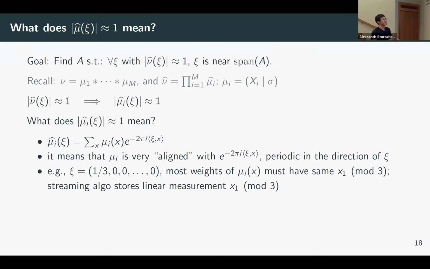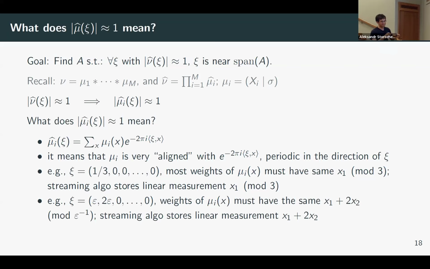So what this means is that basically this corresponds to the case that the streaming algorithm actually stores the linear measurement, which is the first coordinate mod 3. Okay, so if the streaming algorithm stores something like this, then there will be a large Fourier coefficient around this one. And maybe another case: if this is a large Fourier coefficient, then we can apply the same argument to say that now the period is like 1/epsilon for some very small epsilon.